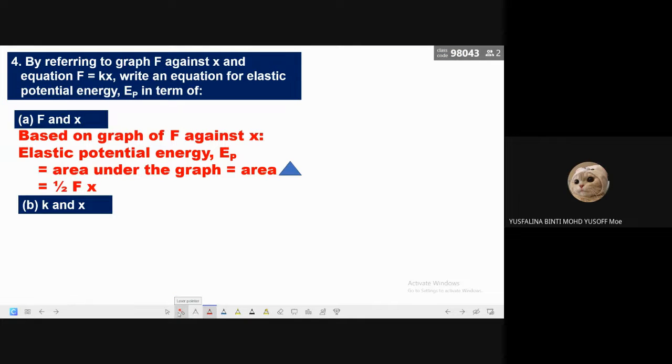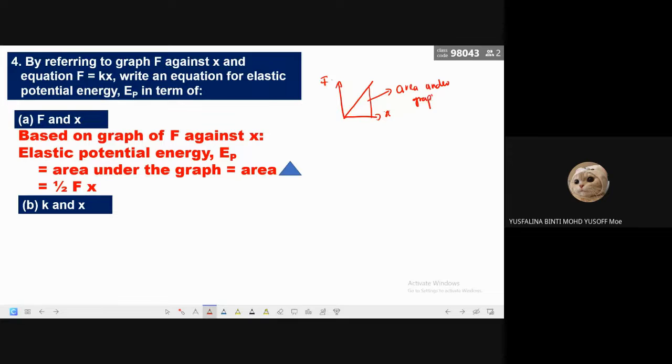Okay, by referring to the graph of F against x, and the equation F equals kx, write an equation for elastic potential energy EP in terms of F and x. If you want to find elastic potential energy from the graph of F against x, remember we use the area under the graph.